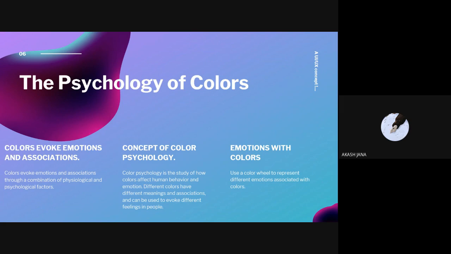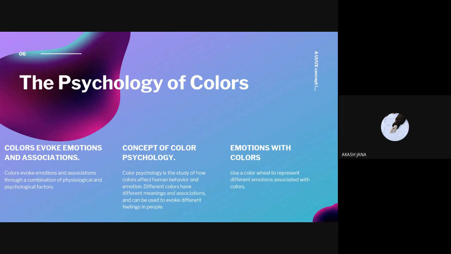Now in color theory, there are mostly three kinds of colors: primary colors, secondary colors, and tertiary colors. Now what is the role of color? The role of color in visual hierarchy is that by using color you can guide users' attention. There are some emotional impacts. Now, color schemes. There are three kinds of color scheme.